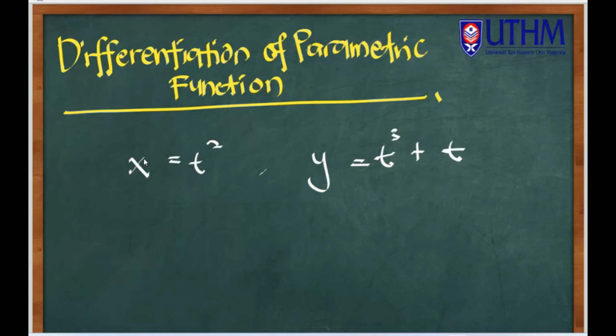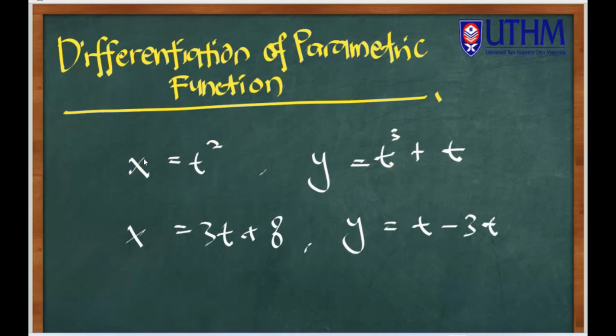We can see here that both functions are expressed in terms of t. Also we can find another function, x equal to 3t plus 8 and y equal to t minus 3t. So these are examples of parametric function.